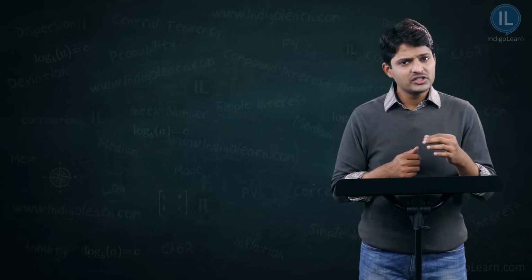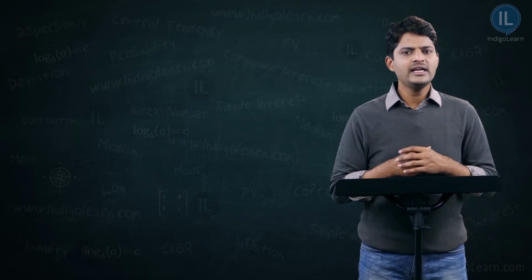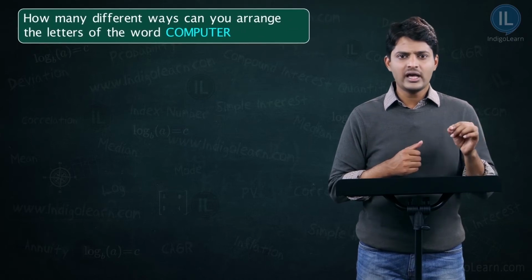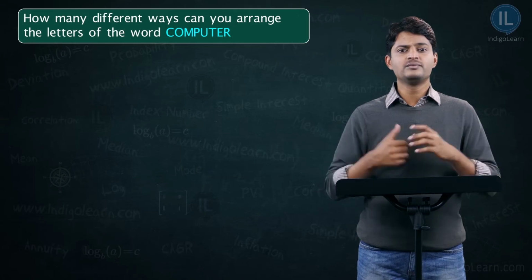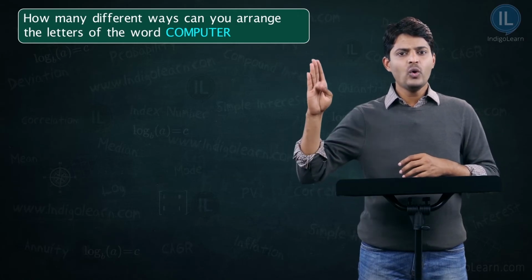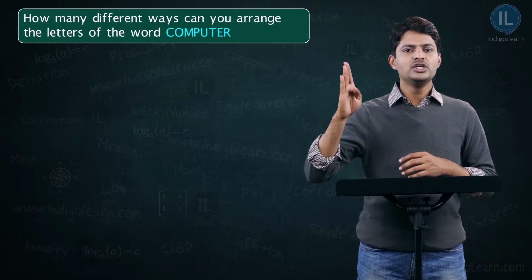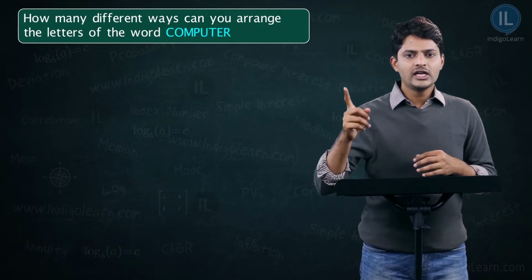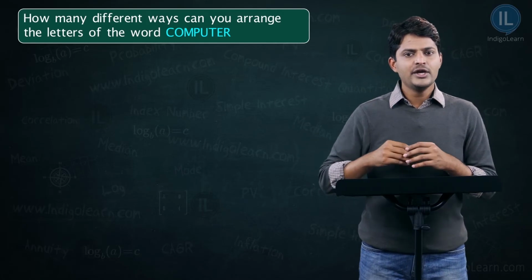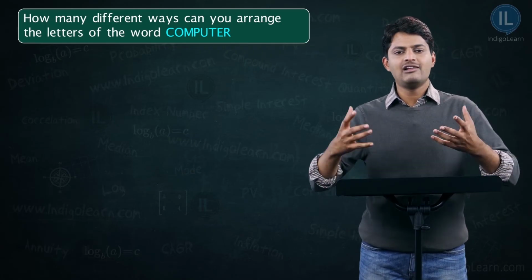Okay. Now my first question is, in how many different ways can you arrange the letters of the word computer, right? COMPUTER. So if you have seen, none of the alphabets are repeating and you have 8 unique alphabets.